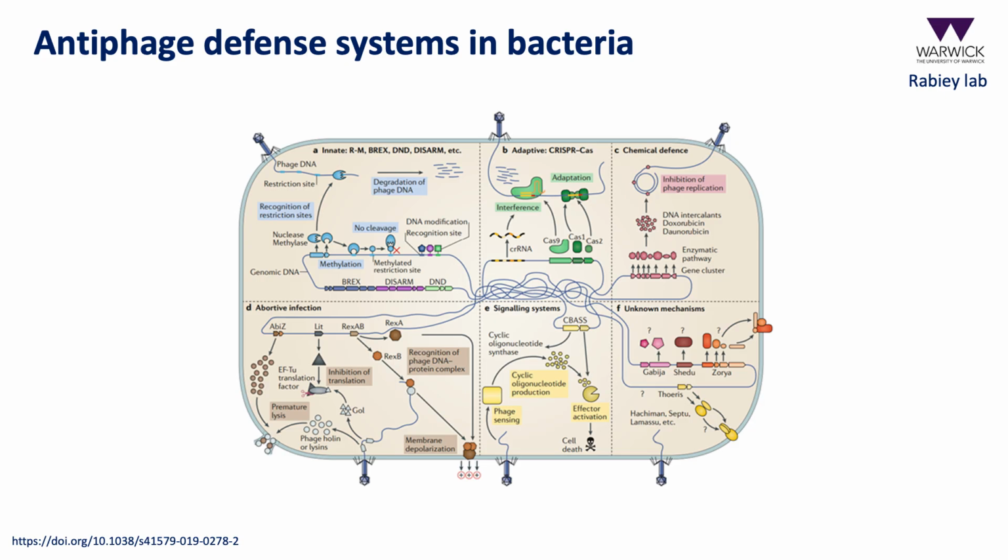But I just want to mention, for example, that bacteria have developed methods to degrade phage DNA. We have CRISPR-Cas, like a molecular scissor that helps interfere with phage infection. We have enzymes and chemicals that help stop phage replication, and we have suicide. Bacteria kill themselves so phages cannot replicate, and so on.